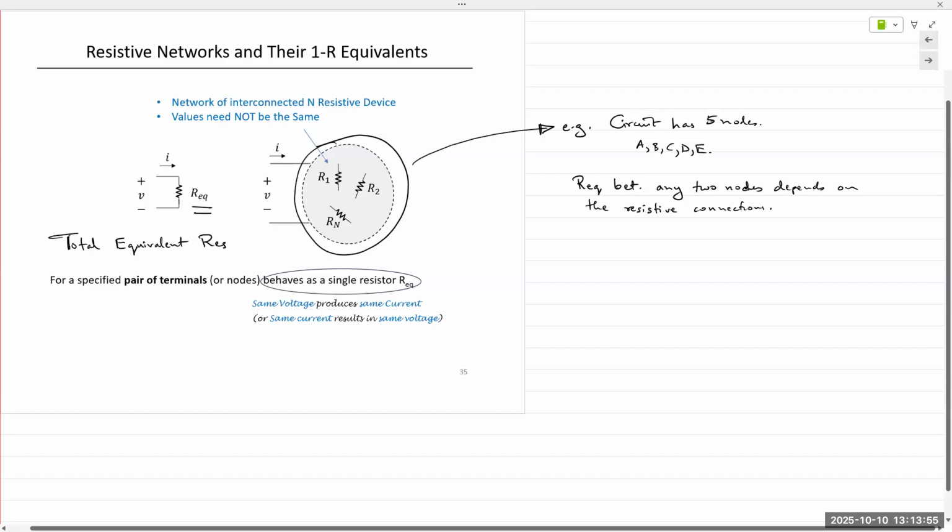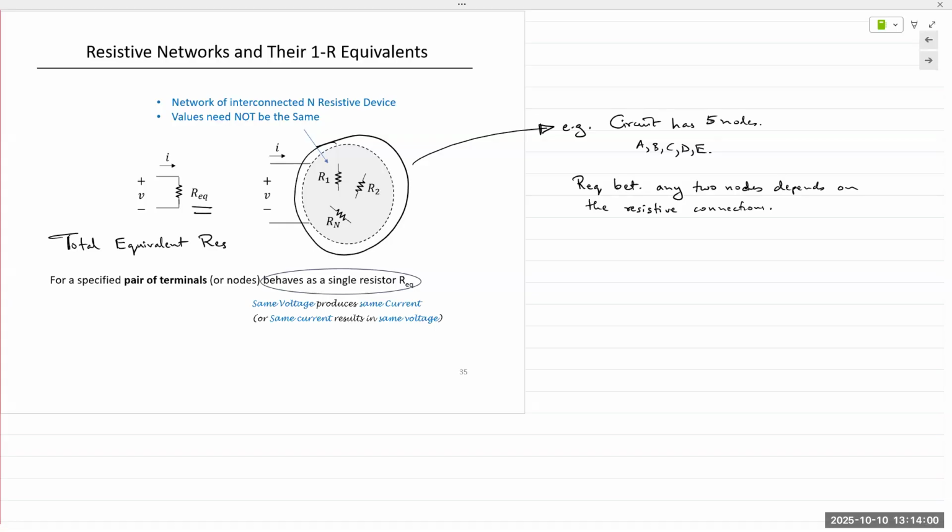If you measure between A and B, it will be some value. If you measure between B and C, it may be a different value depending on how the circuit is configured.